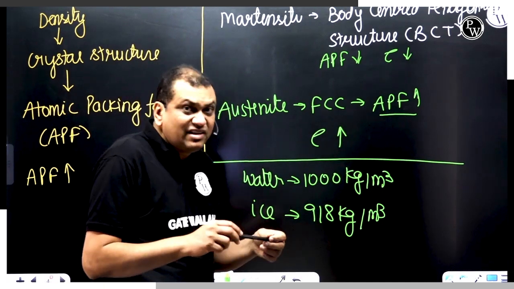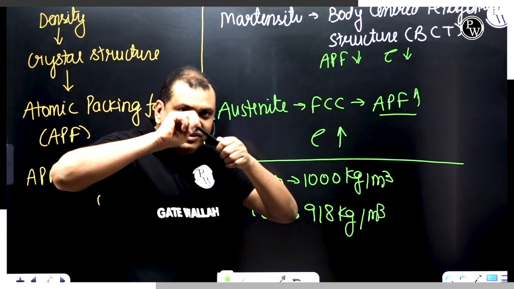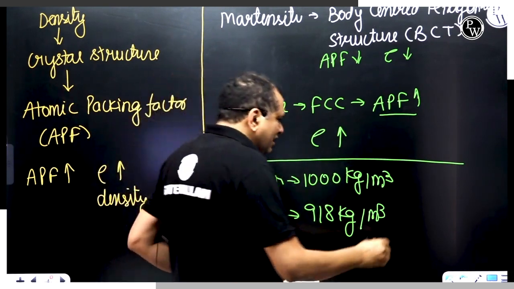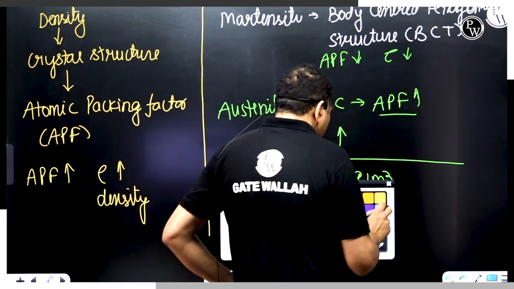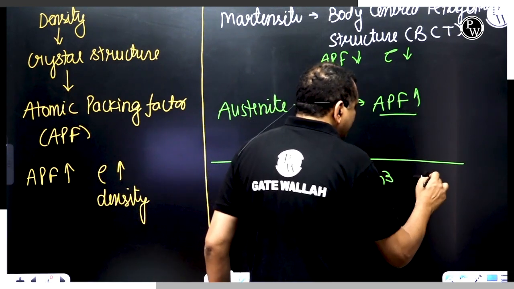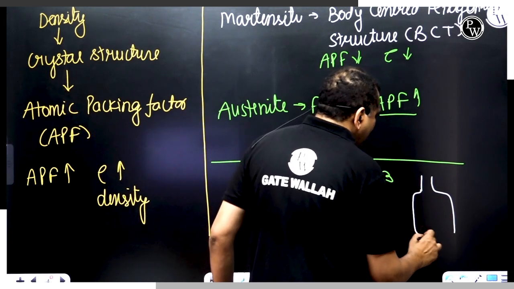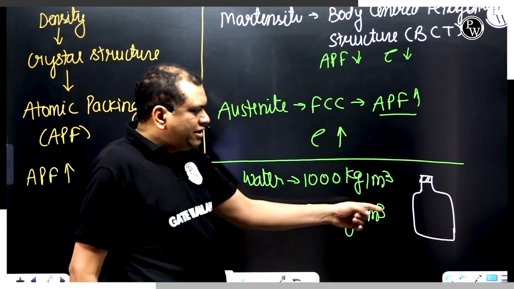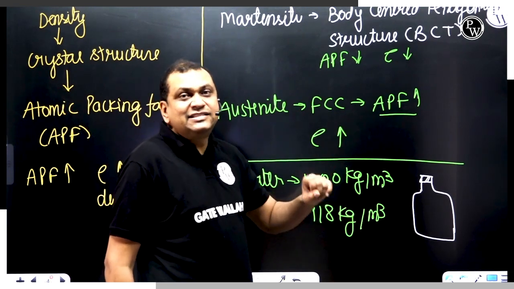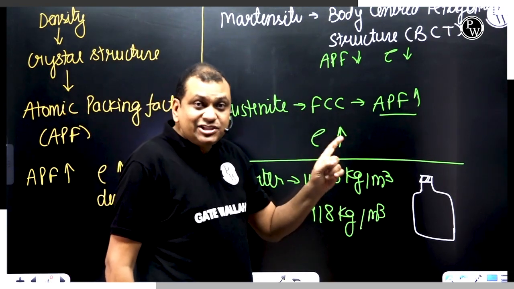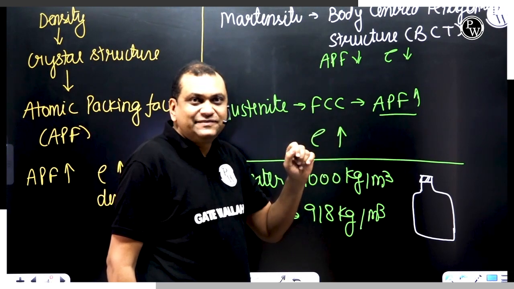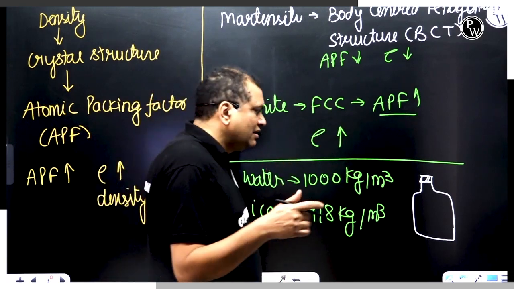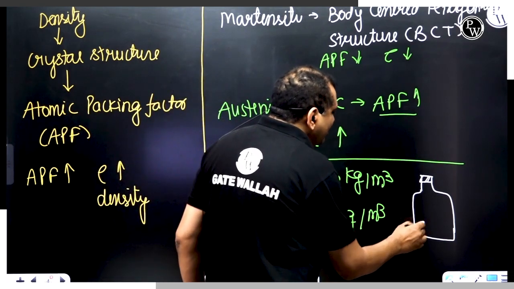So, glass bottle, you filled it with water, tightened it, put it in the freezer. In the bottle, initially there was material of high density. Over a period of time, this material converted into low density.